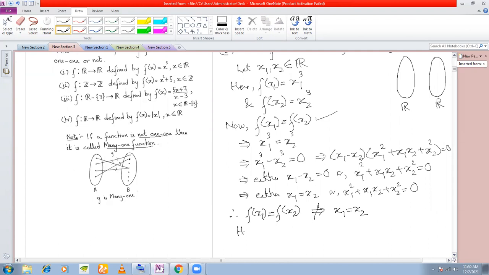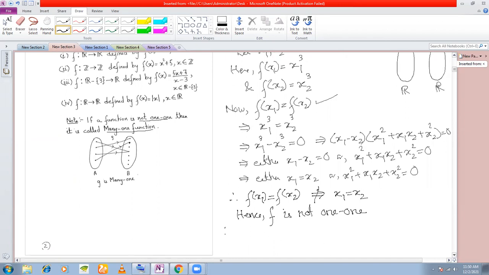Hence, the given function f is not one to one, right? And if it is not one to one, then f is a many to one function. So that should be clear. Move on to the next one.